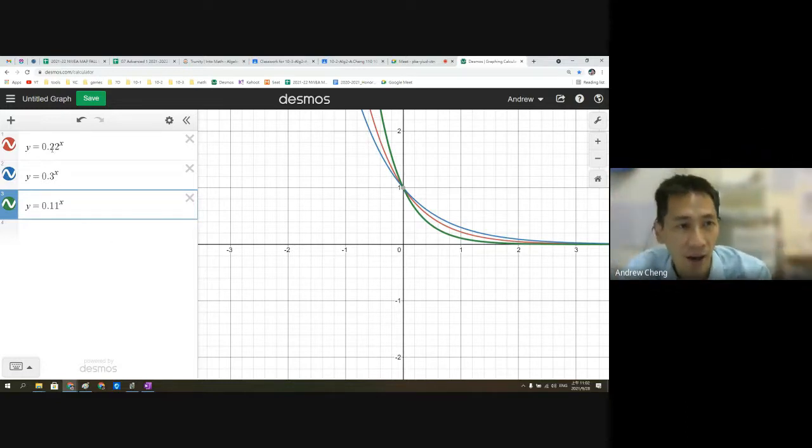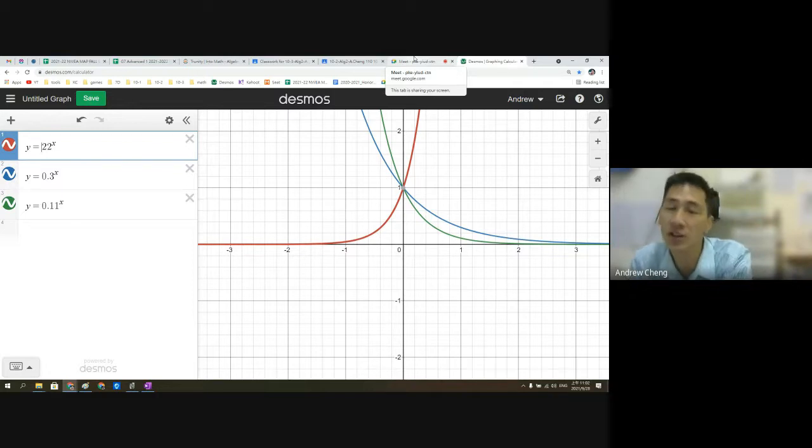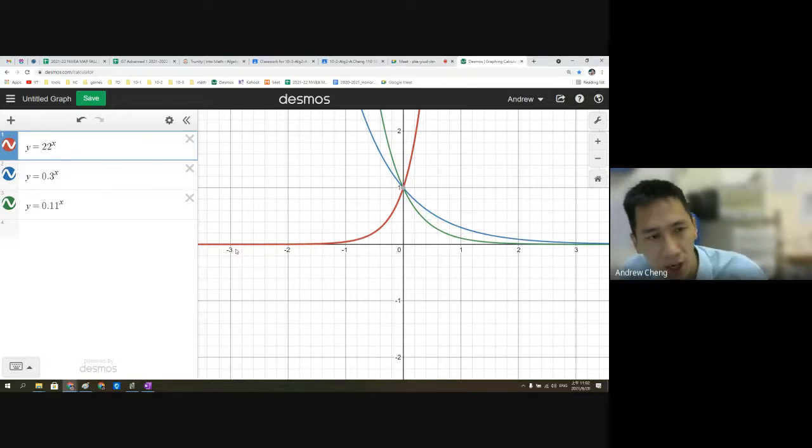However, the red function, y equals 2 to the power x, is always increasing. So the increasing interval for the red function is from negative infinity to infinity, and there is no decreasing interval for it. This is the basic property of exponential functions.